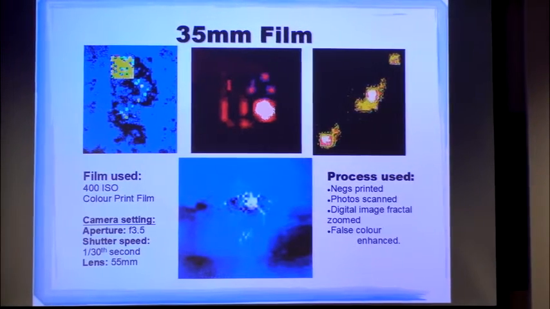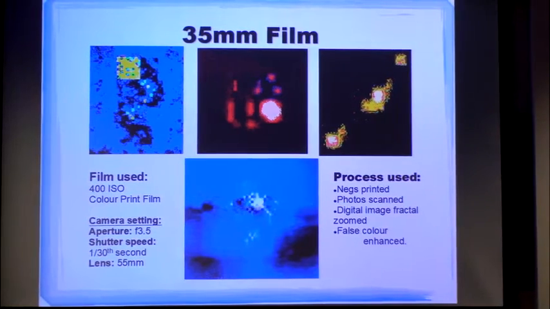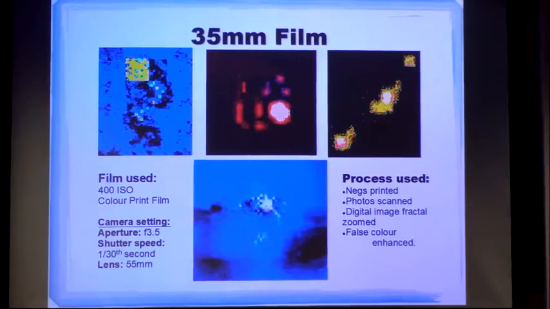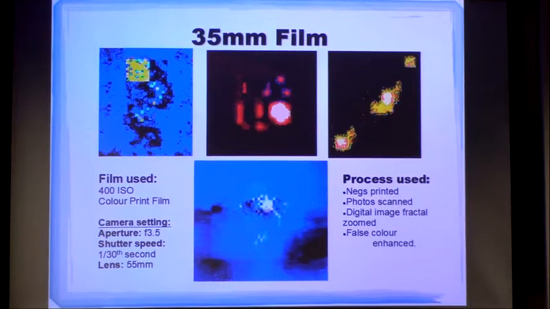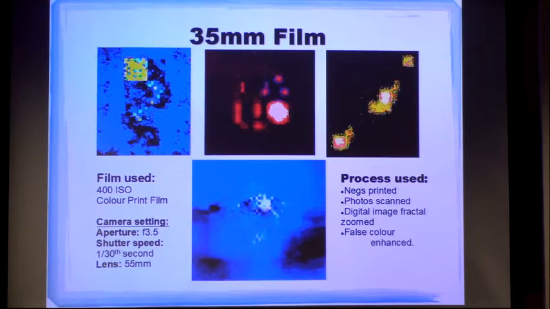It wasn't a powerful zoom or anything, and I had 400 ISO colour print film in it. With my experience in photography, I knew that if I took anything slower than a 30th of a second shutter speed, I was going to get motion blur. I didn't want motion blur, I wanted a sharp image. So here I am taking UFOs at night time at a 30th of a second and hoping I can recover some data out of it of what these objects were.